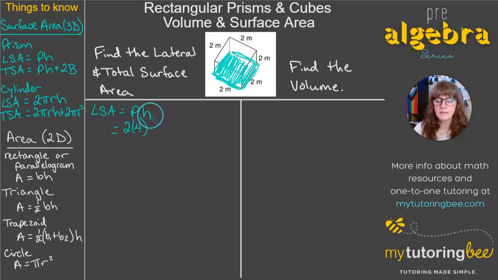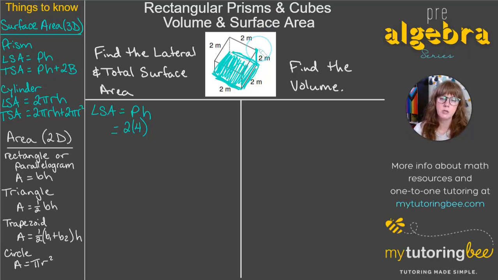And then our height, this can be very confusing also, because usually students have just learned about two-dimensional areas and perimeters of shapes. And so we're used to seeing base and height as 2 of those edges of that two-dimensional shape. But here, when we're talking about three-dimensional formulas, the height always refers to how tall this shape is.